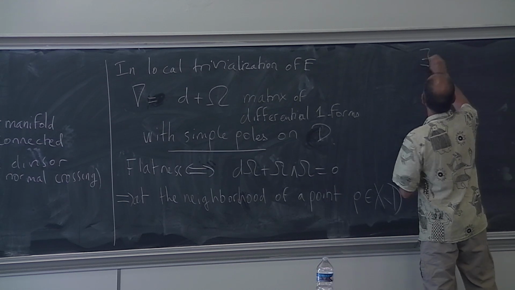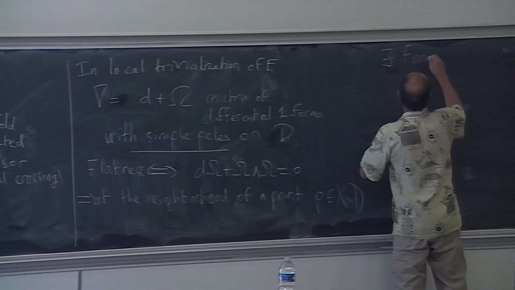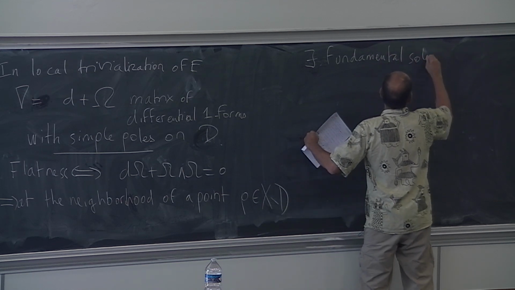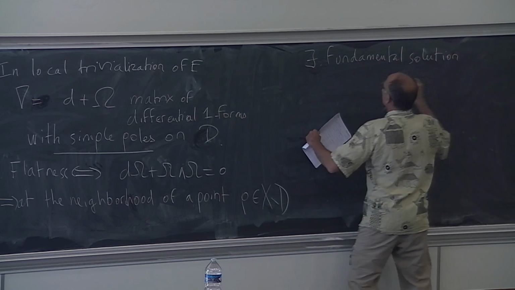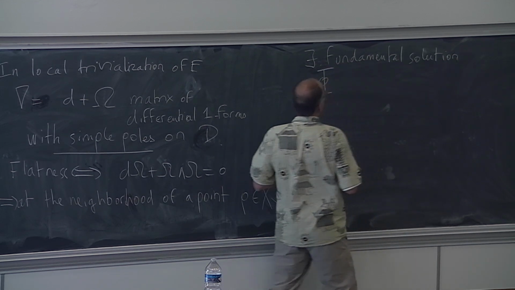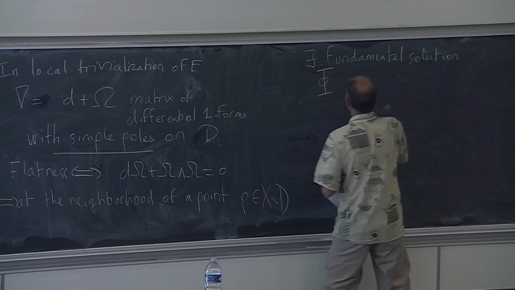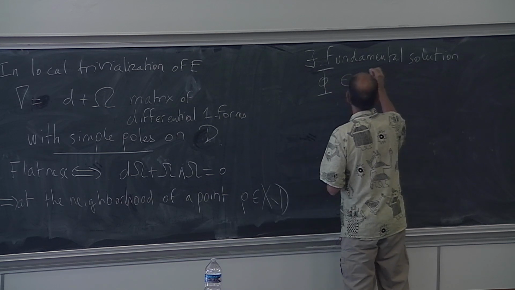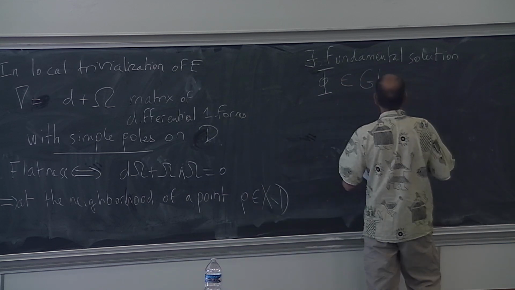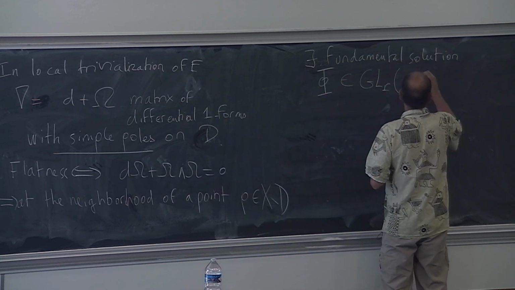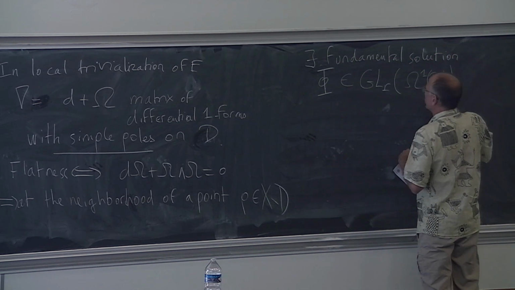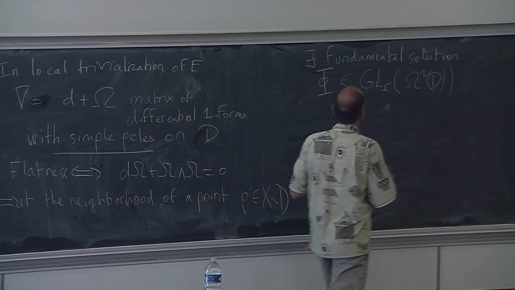There exists a fundamental solution phi, which belongs to GL_R, R is the rank of the vector bundle, GL_R of omega 1 of D, restricted to the open set where you are looking.